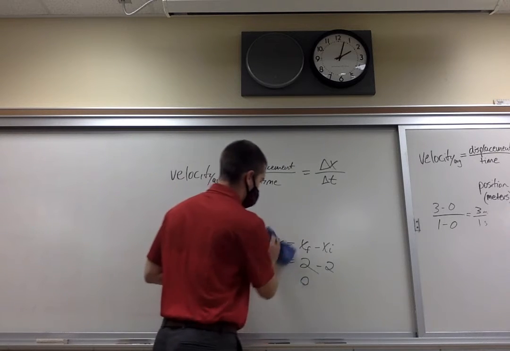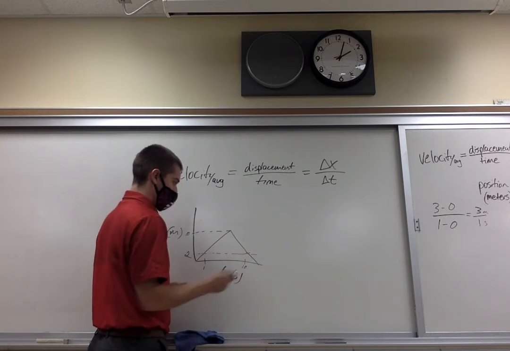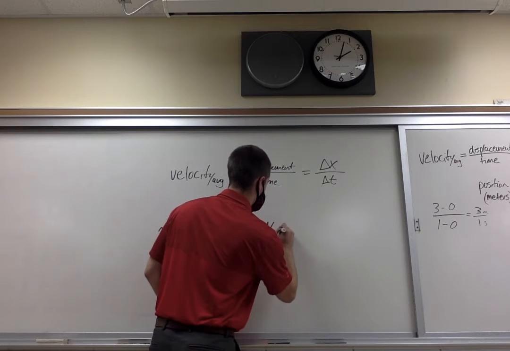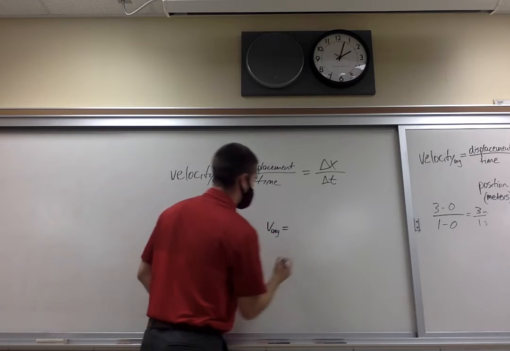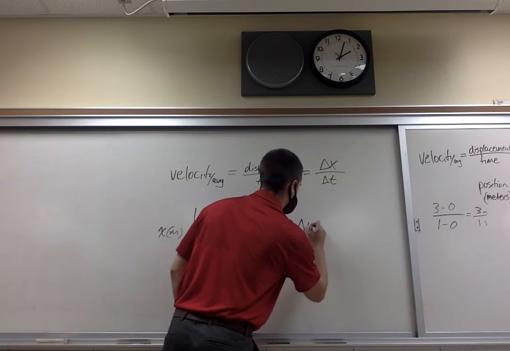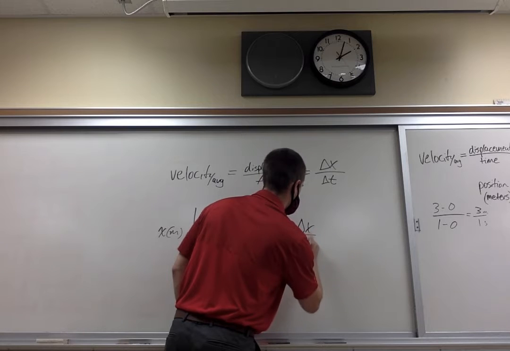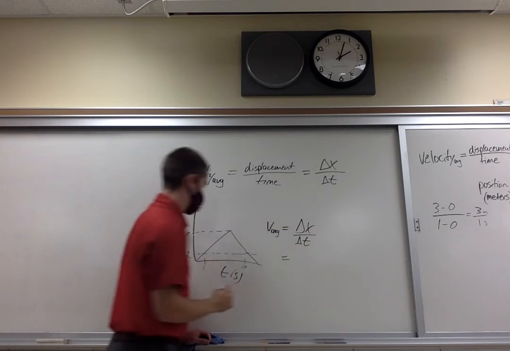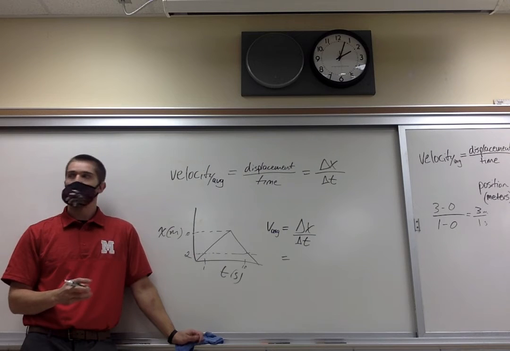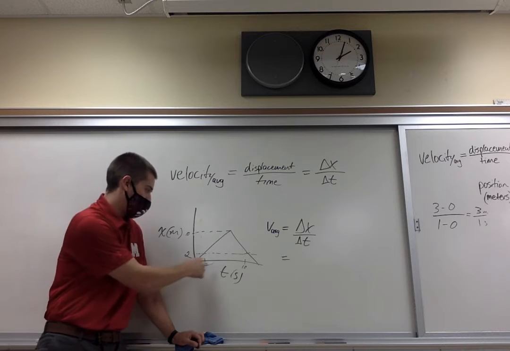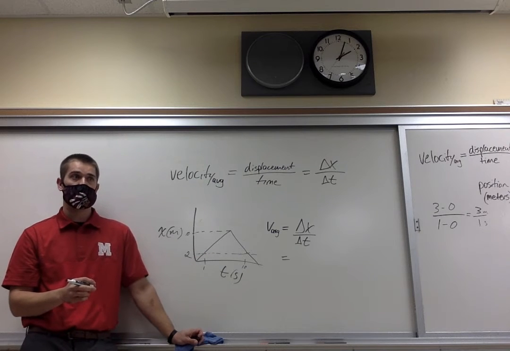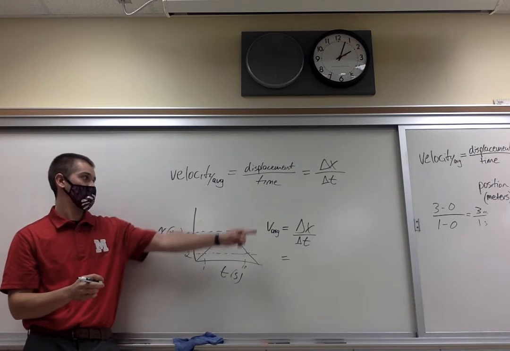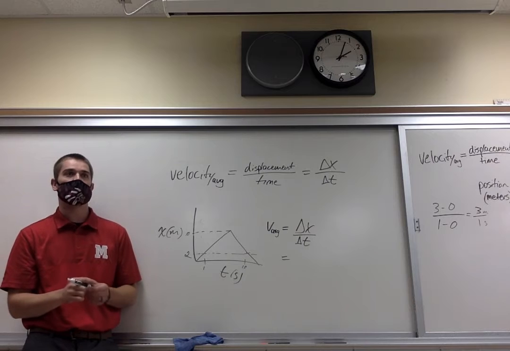So if I were to do average velocity, we do v average. How do we do that? For between 1 and 10 seconds. Delta x is displacement, right? How do I calculate a displacement?